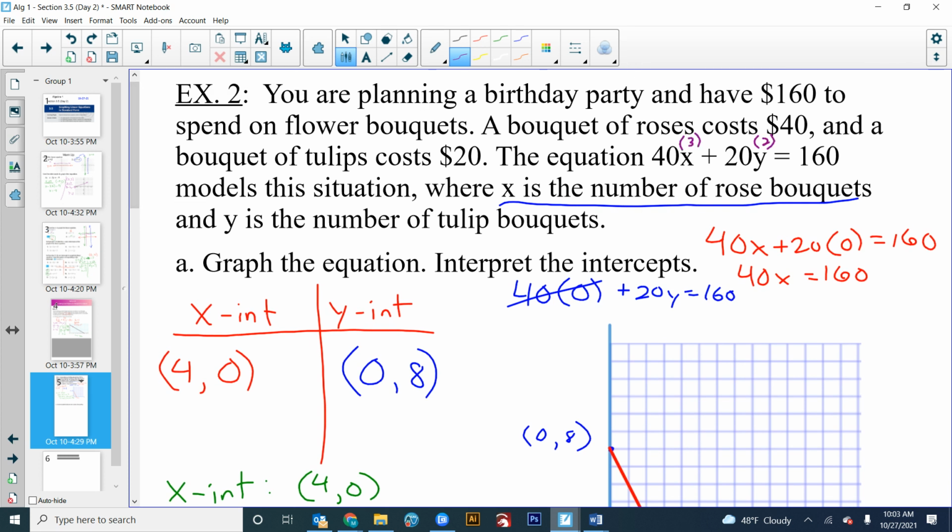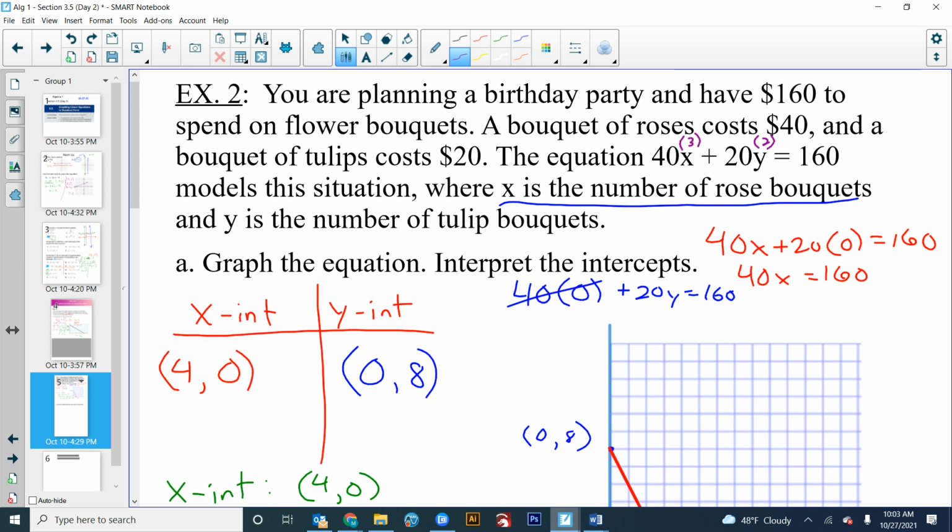Let's see if it works. What's 40 times 3? 120 plus 40. Oh, 160. That's a point, isn't it? That'd be an acceptable answer. When there are 3 rose bouquets, you could also buy 2 tulip bouquets, and the cost is $160.